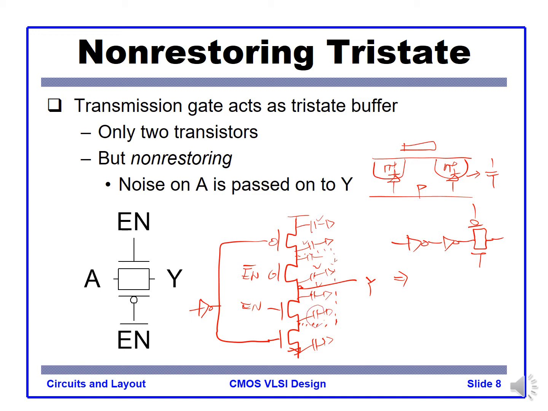So we are not seeing this capacitance strongly. This node voltage doesn't go to VDD, so we don't need to charge up to VDD for this parasitic.